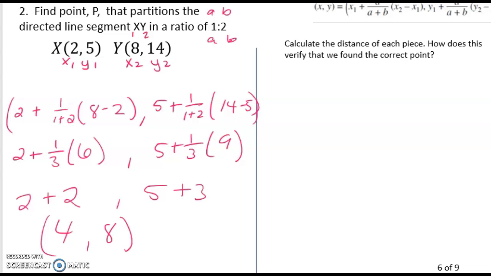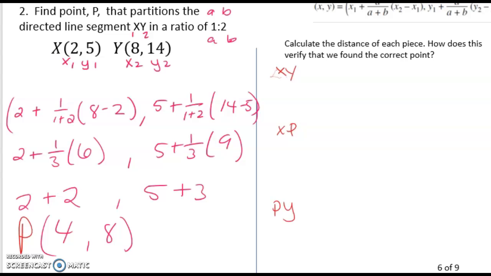And what I can do is verify the total distance, and I can verify how each piece represents that total portion. So I'm going to do the distance formula for every one of these points. I want to see what the total distance is for x, y, and then what the total distance is, let's call this point P, for x, p and then p, y.